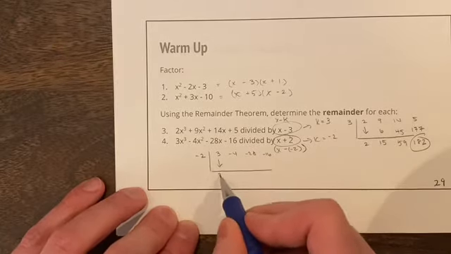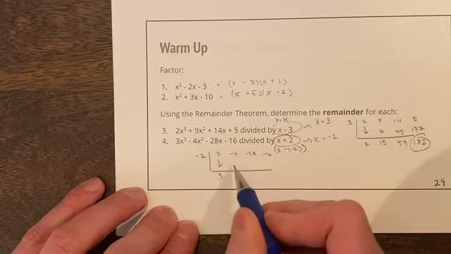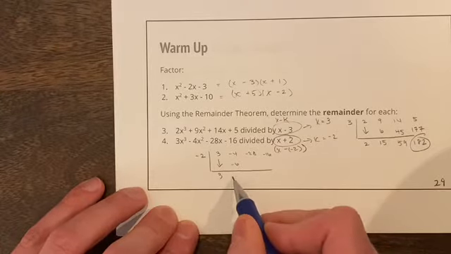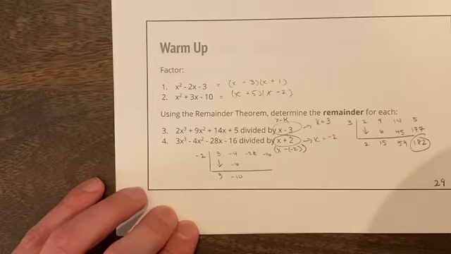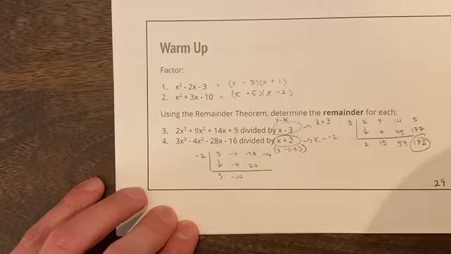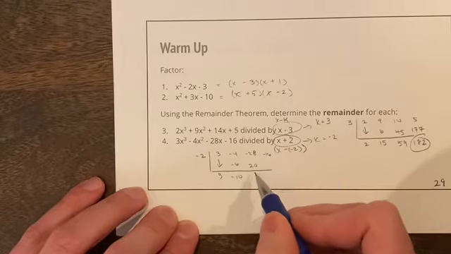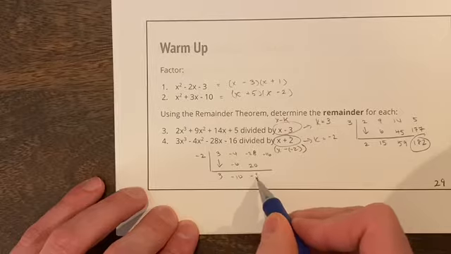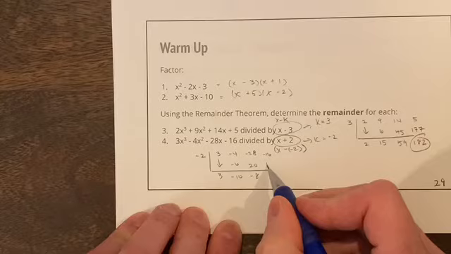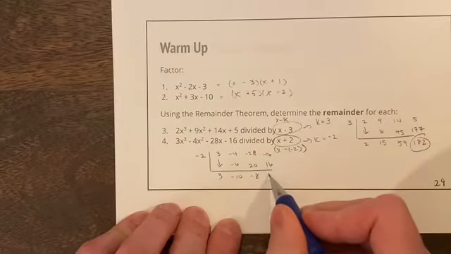Drop down the 3. 3 times -2 is -6. Combine those, we get a -10. Times a -2 would give me a +20. -28 and a +20 would give me a -8. Multiply that by -2, we get a +16. -16 and 16 is 0.